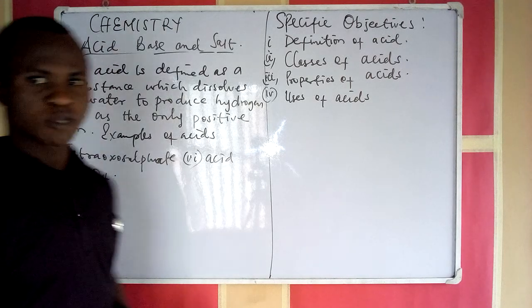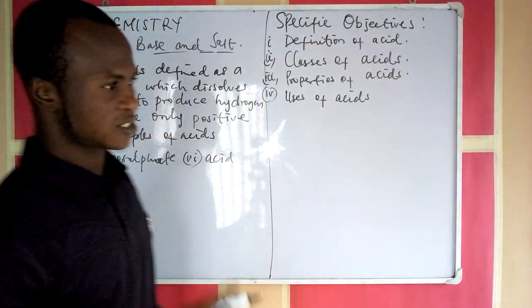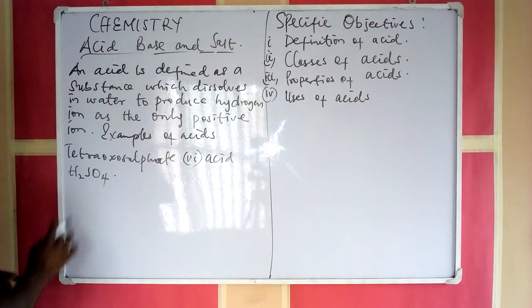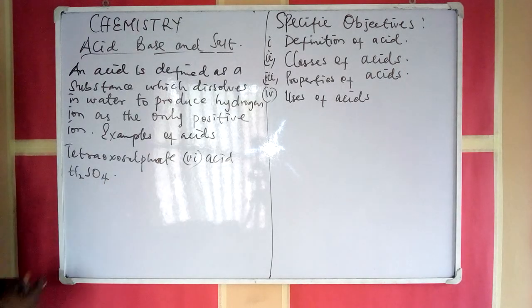Now, let us see what we mean by ionizing or dissolving in water to produce hydrogen ion as the only positive ion. Look at this H2SO4, which is tetraoxosulfate 6 acid.